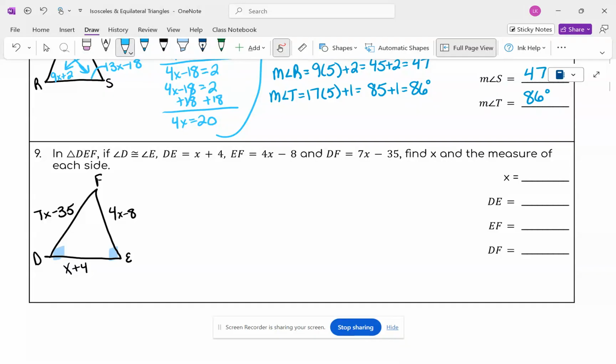Now, because you're dealing with sides and not angles, you can't just add them all up together and set it equal to 180. You have to figure out where your congruent sides are, which means you have to draw an arrow from your 2 congruent angles to two sides. So you know that 7x minus 35 is equal to 4x minus 8.